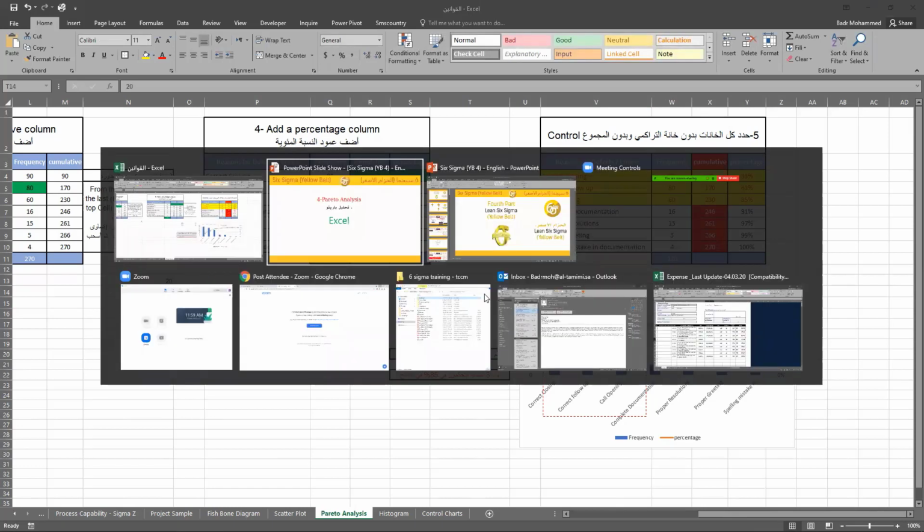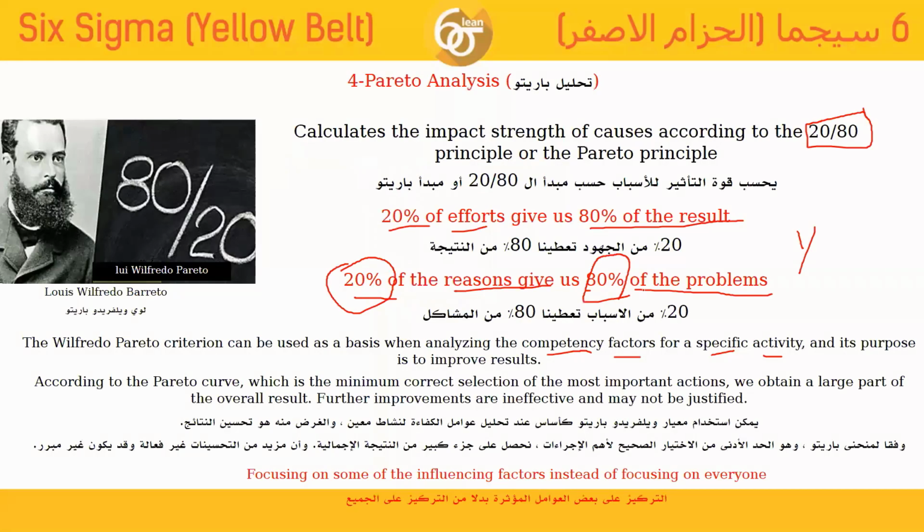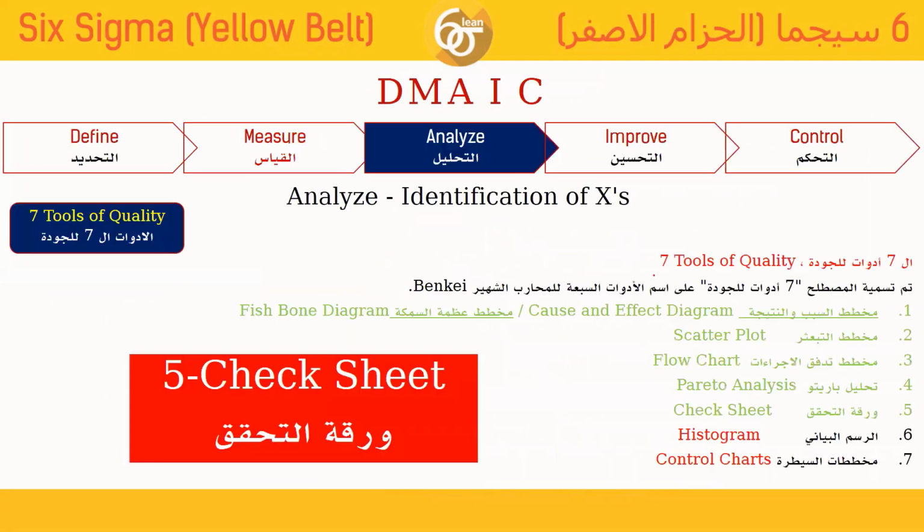Pareto analysis is about 80 to 20. So 20% of the root causes give you 80% of the problem. So whenever you find and eliminate these, your problem will be solved. This is the Pareto analysis.